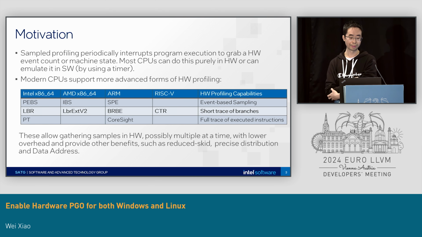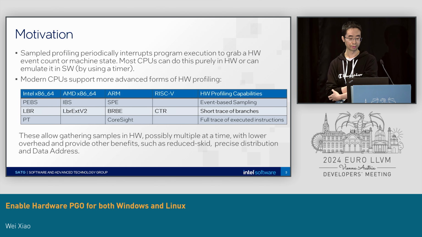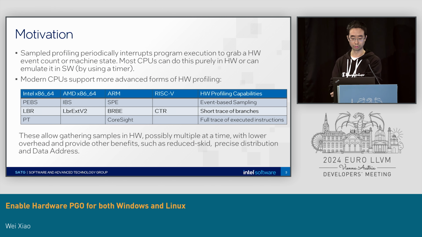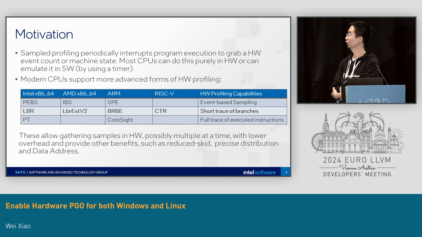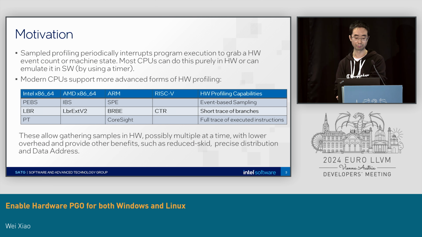Traditional sampled profiling will periodically interrupt the program to grab the machine status. Most CPUs can do it in pure hardware, or even emulate it in software by using some sort of timer. But modern CPUs can support more advanced hardware profiling capability.